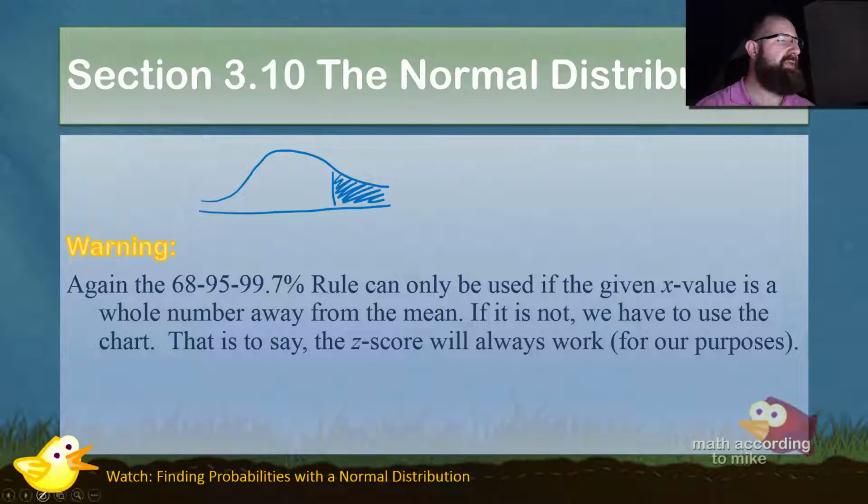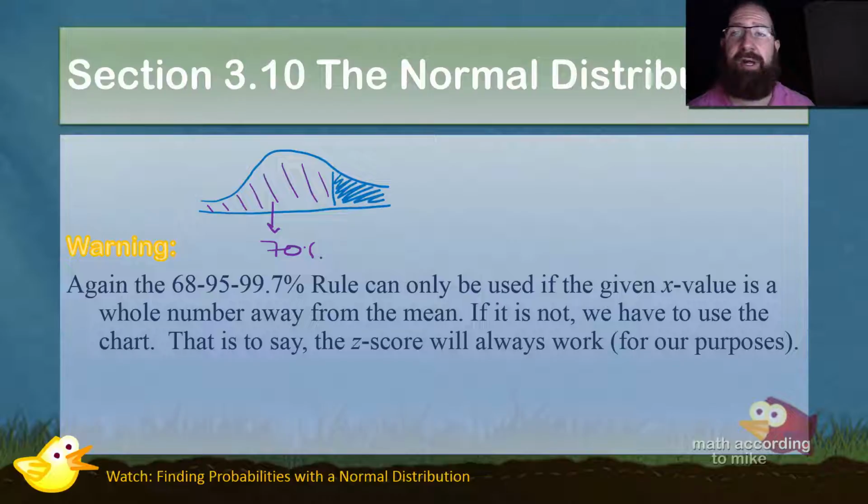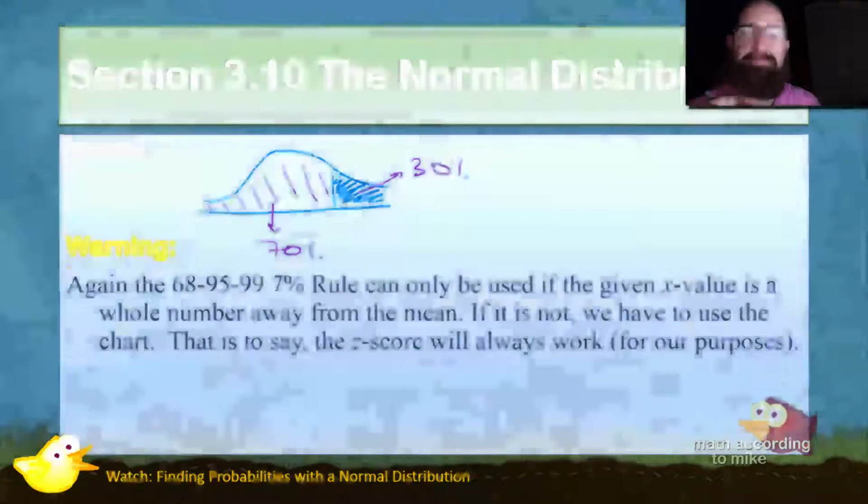But what you can find instead is this portion, because it always tells you to the left. Well, just making this up, if you found from the chart that this part is 70%, and the whole thing has to add up to 100%, then what must this part be? 30%. So if you need to find at least or greater than, you subtract from 100%.